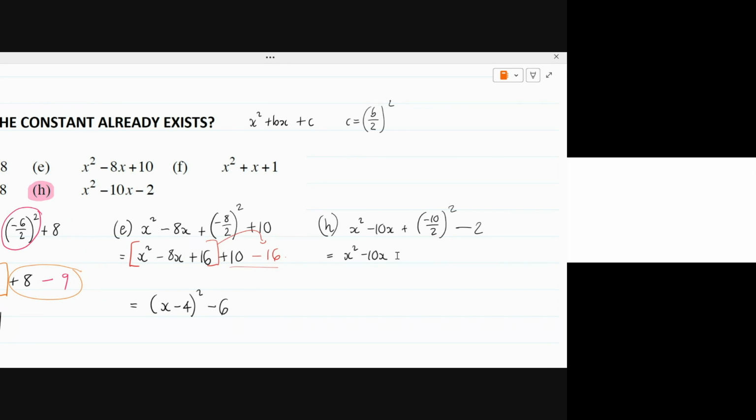All squared is plus 25 minus 2. We've now added 25, so we must minus 25. Okay, and then we know that this part over here will be a perfect square. So I'm going to open brackets x. Negative 10 divided by 2 is minus 5. All squared minus 27. Sure. Well done.